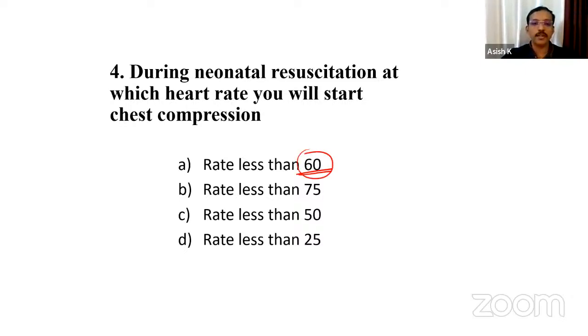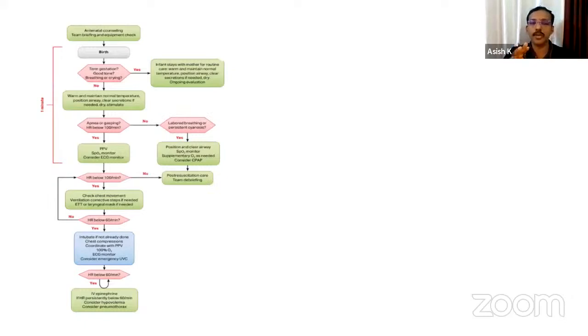I'll show you this chart. I'm sure you may not be visualizing it fully, but I'm not intending for that. I just want you to understand the American Heart Association's guideline of neonatal resuscitation. In neonatal resuscitation, you just need to know two numbers here. The first number is 100 as a heart rate in the neonate. In that condition, what they suggest is to look for the chest movement, see the ventilation, and if needed, put in an endotracheal tube.